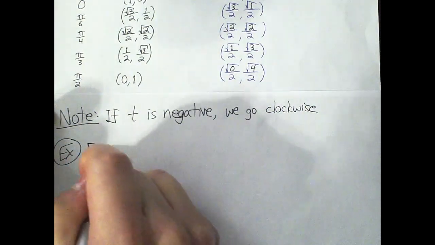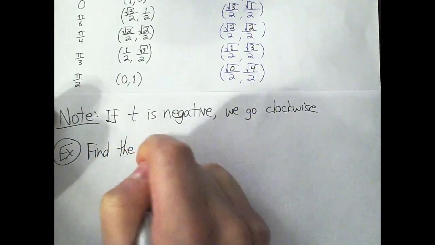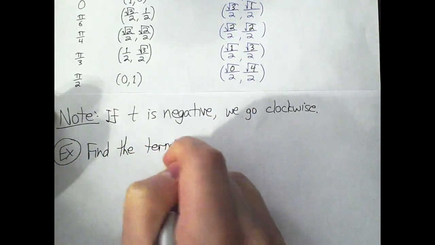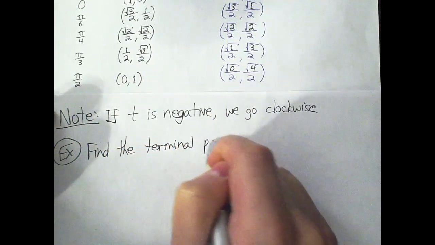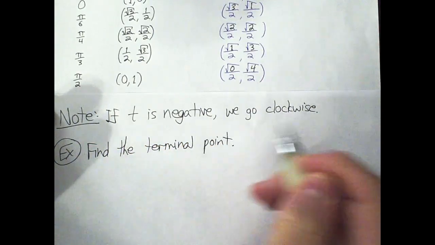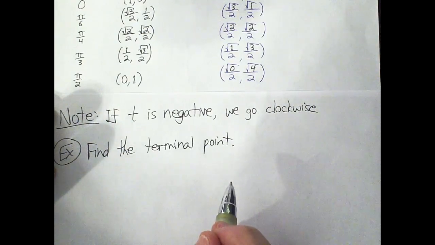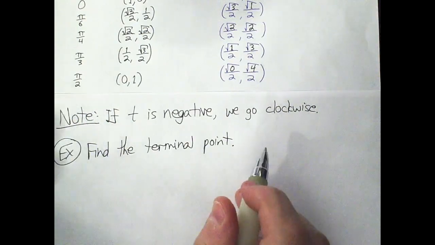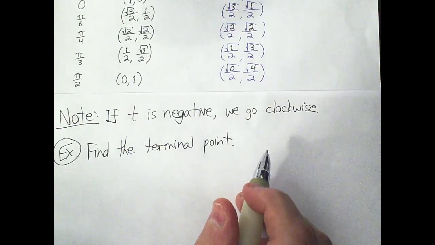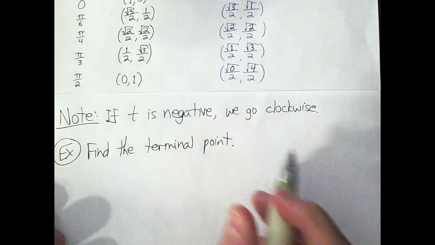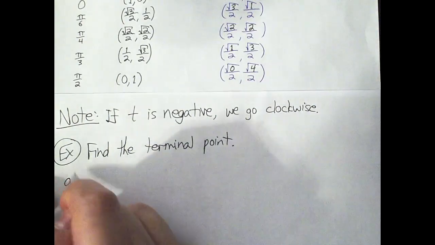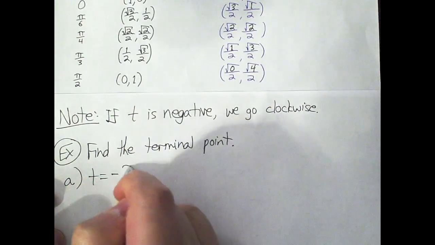Let's find the terminal point. And this time I'll have 3 of them again. This time I think I'll do the first 2 and then maybe ask you to do the last one. Let's do negative pi over 2.